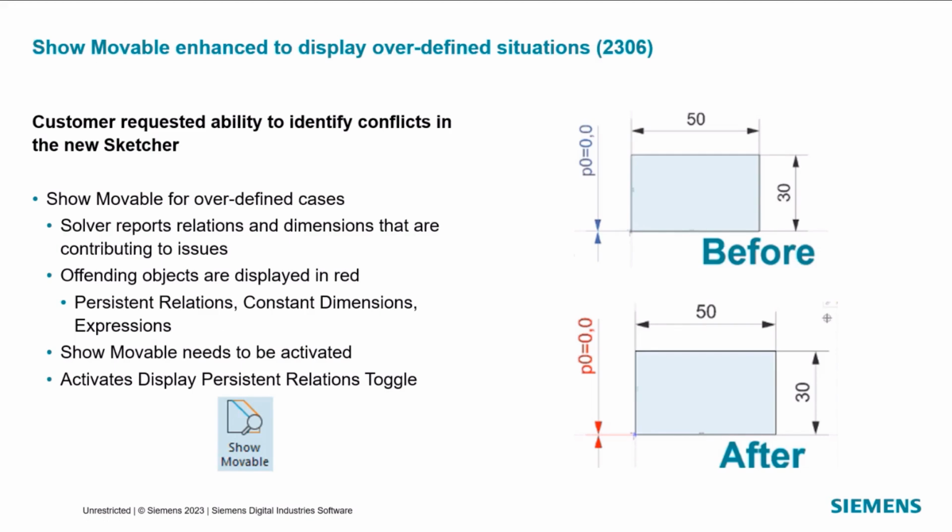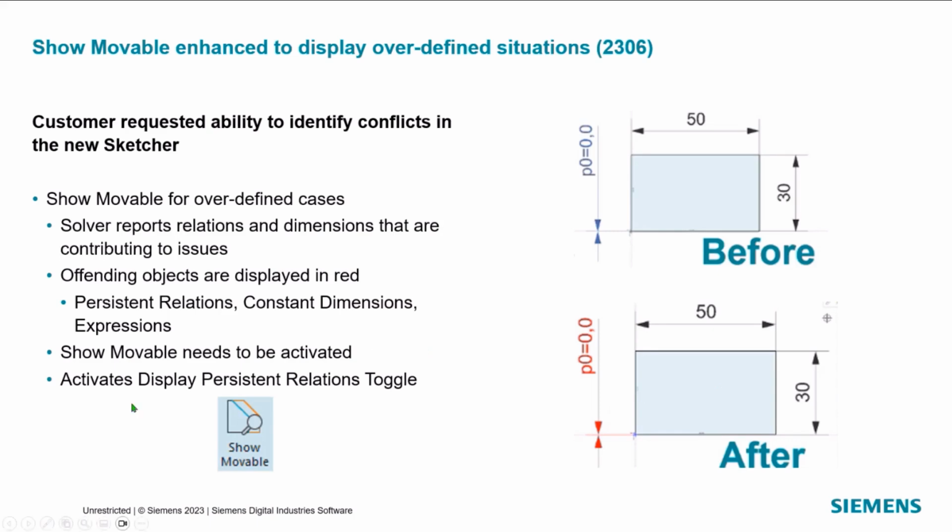Those are called found relations. Or they can be added to the sketch and stick with the geometry, and those are called persistent relations. Those are probably the closest thing we have to constraints now in the sketcher. So you can display those, you can hide those, kind of like you can do with constraints in the legacy sketch.